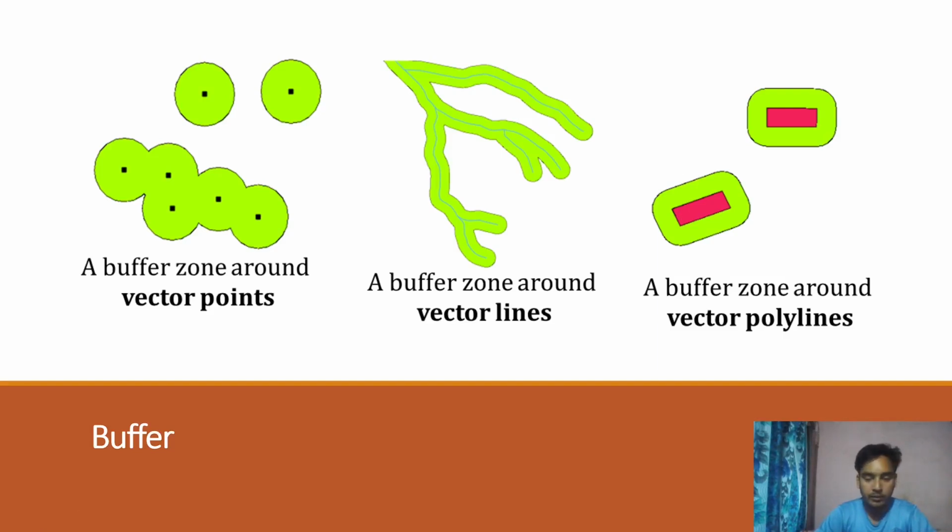Let's say if you give the 10 meter buffer radius, you will get the 10-meter boundary of the building.